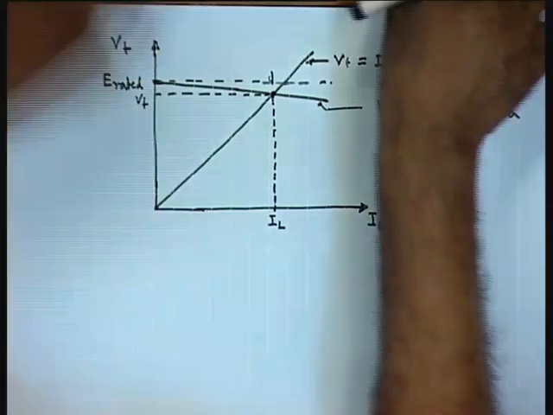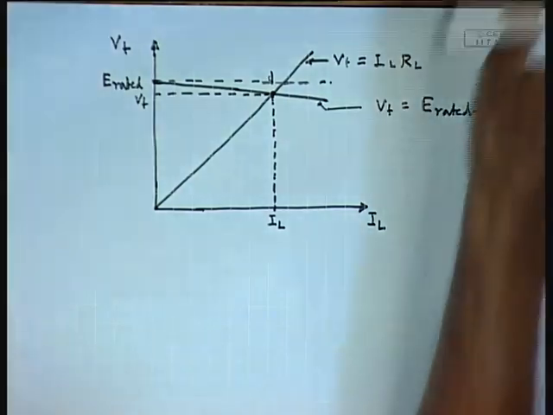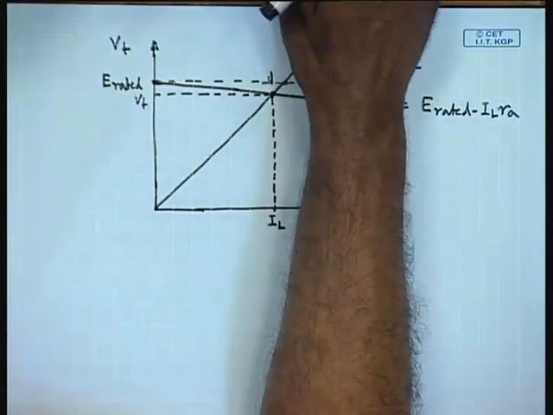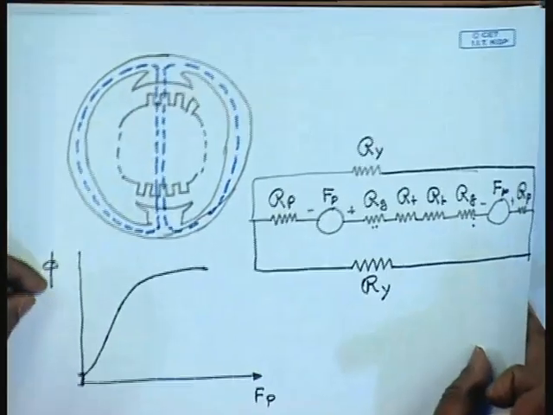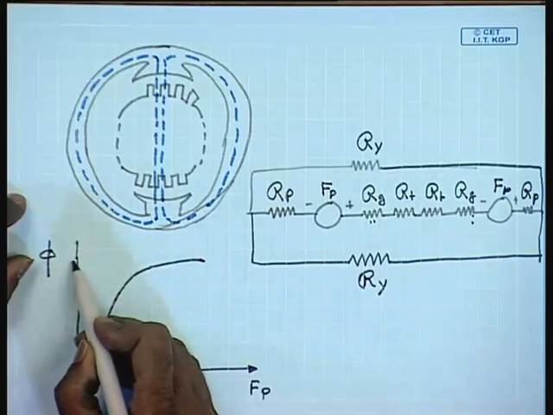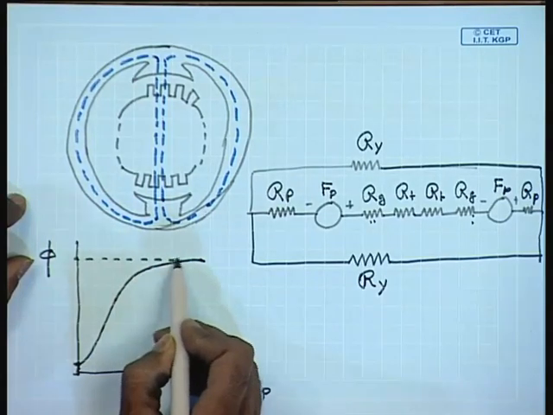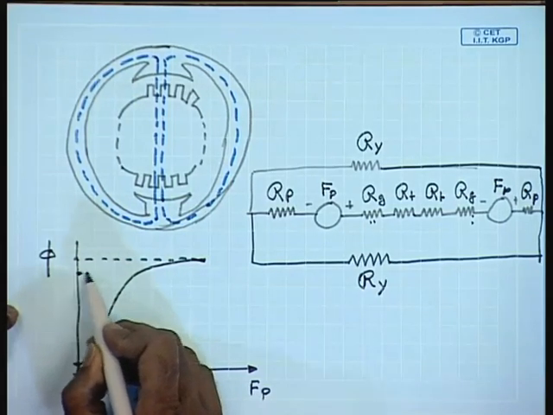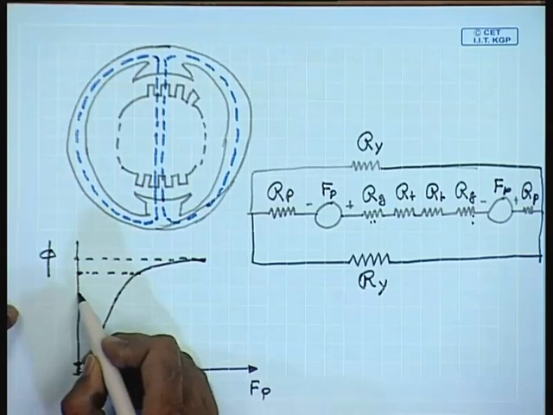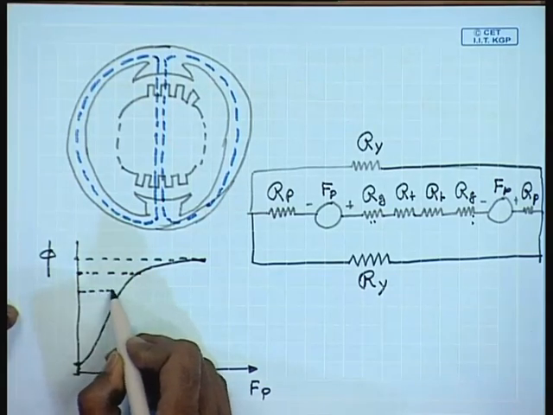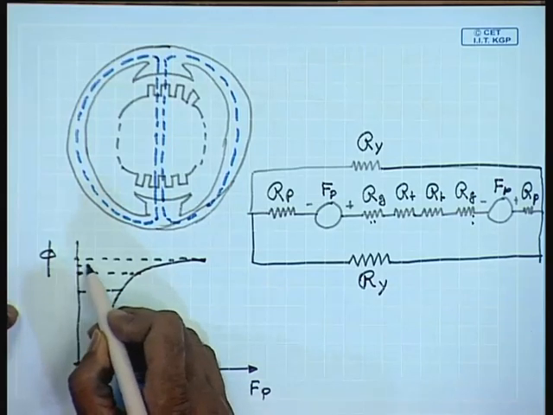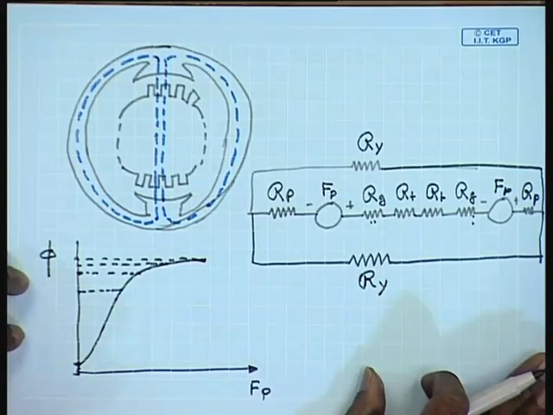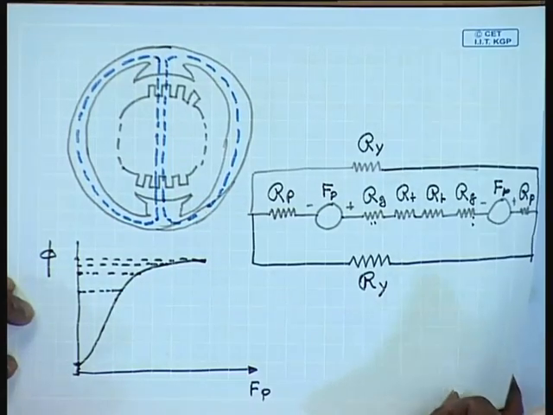Now, if the machine is operating near the saturation zone, near the saturation point, the decrease of the field flux due to armature reaction is more than the increase in the other half of the pole due to increase in flux.